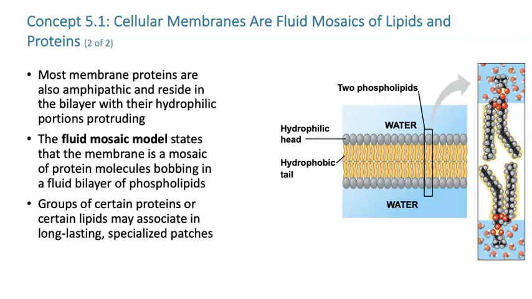I don't want you to confuse the fact that most of those proteins float around. Not all of them do. Some proteins and some lipids actually kind of stay in certain regions of the cell. But again, we'll get into the more details of that later. So back to this amphipathic nature of our phospholipid. The heads are hydrophilic.